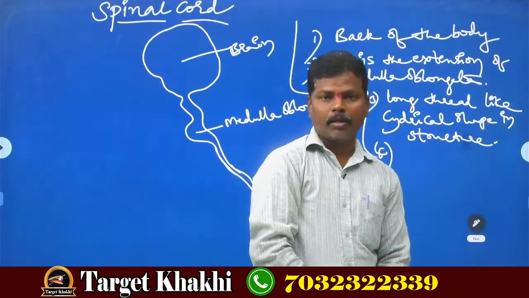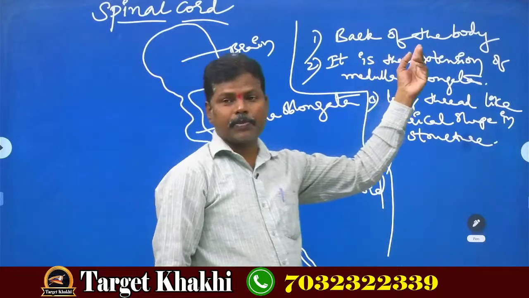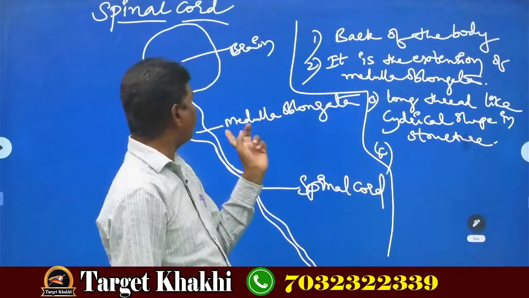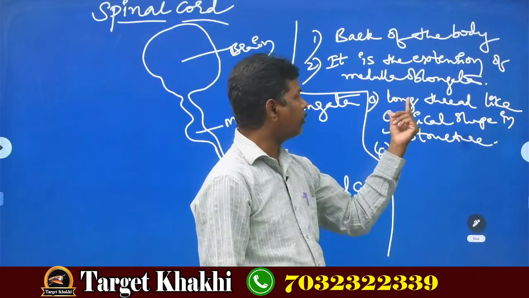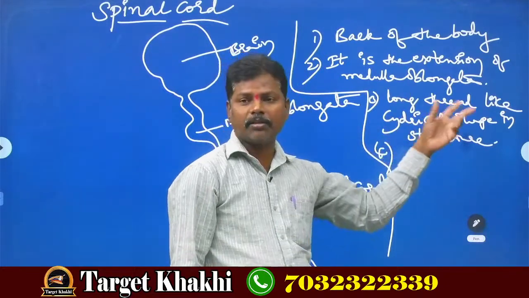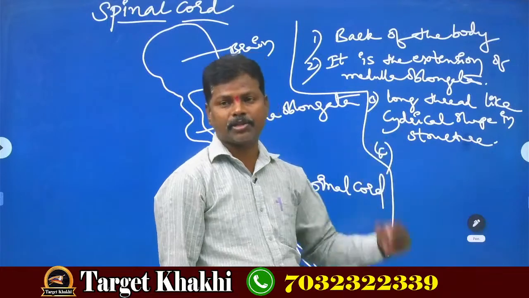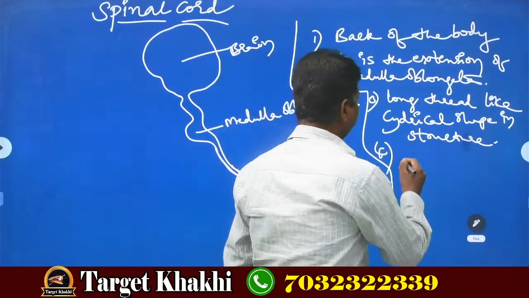Understood? So, it is present at the back side of the body. Next, it is the extension of the medulla oblongata. Next, it is a long thread-like or long cylindrical structure.